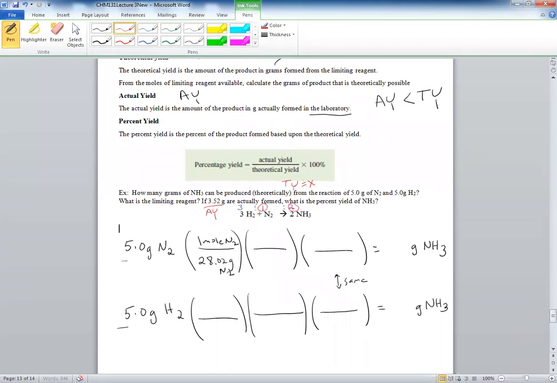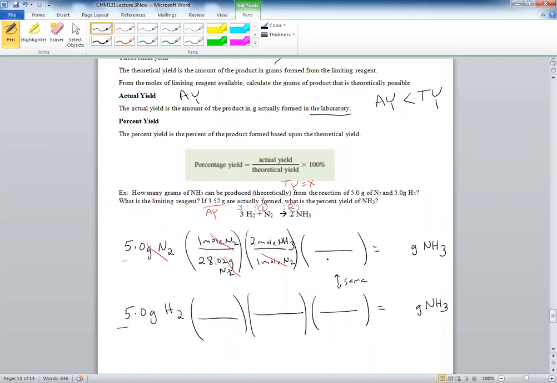So that would be 1 mole of N2 to 2 moles of NH3. So again, the 1 mole of N2 should be on the bottom so they can cancel out. And the 2 moles of NH3 should be on the top in the numerator. And finally, you're ending with the molar mass of NH3.